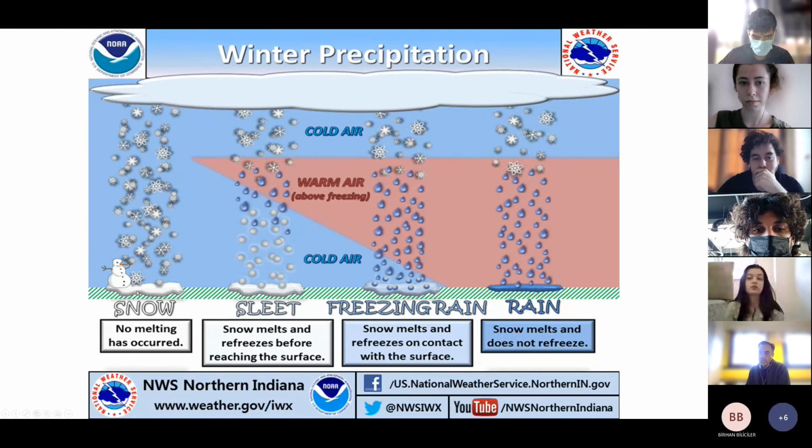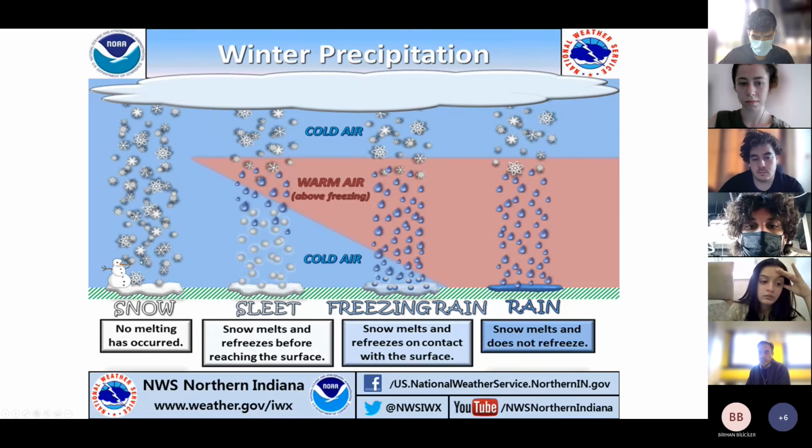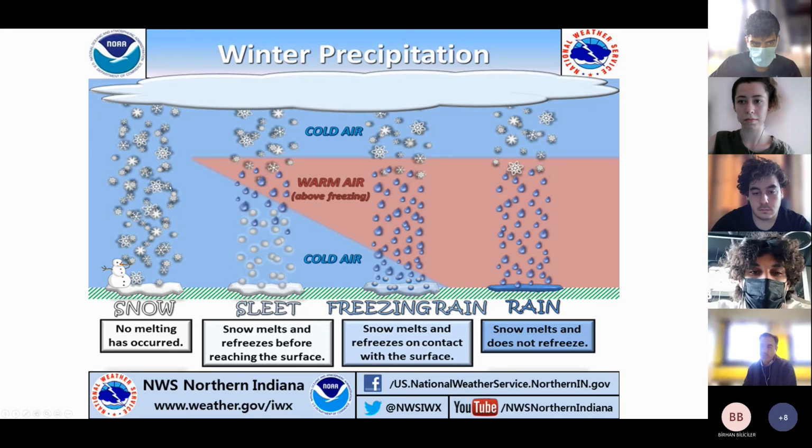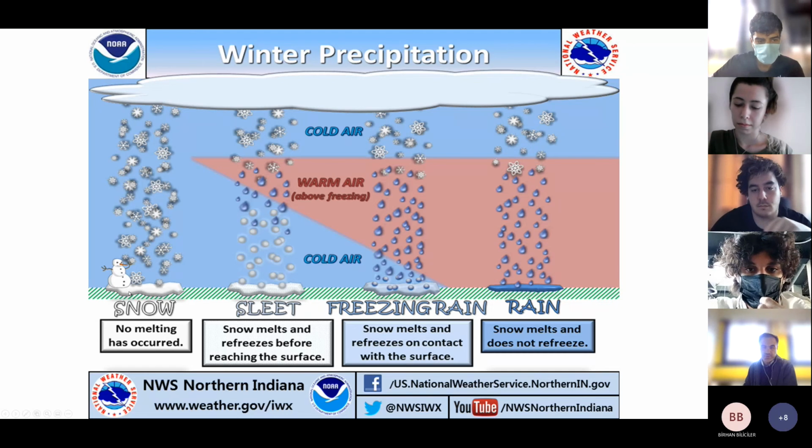If they reach the ground in the shape of flakes without any melting process, because there is no warm air, the red section shows warm air, there is none. Weather is cool enough, no melting happens. Therefore snowflakes with different beautiful shapes come down. It is called snow.